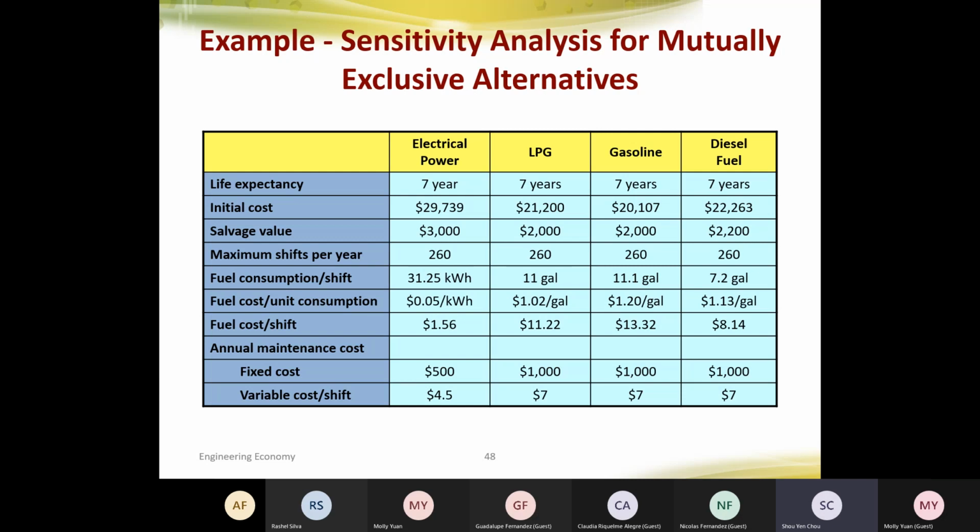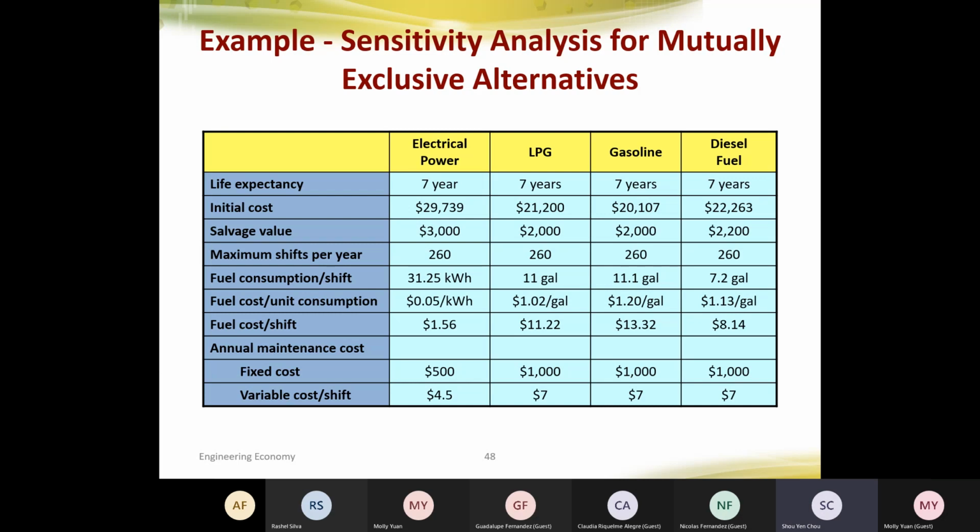And with all the values that we have, we may come out with one solution that is better than others. Because we do this pairwise comparison, and we can see which one gives us the highest net present worth.